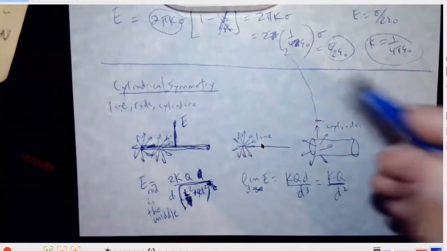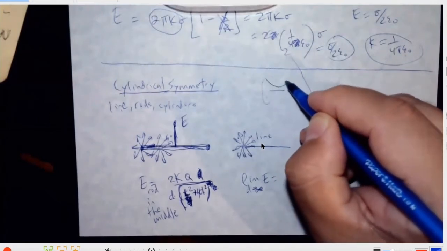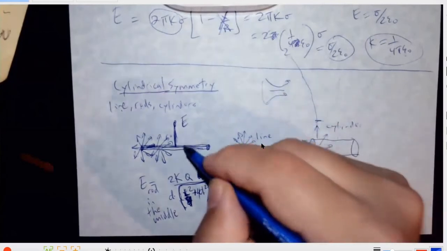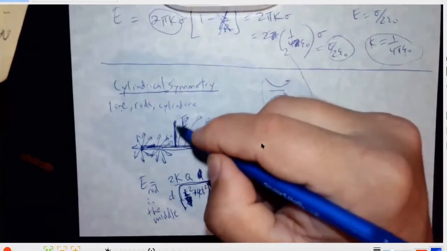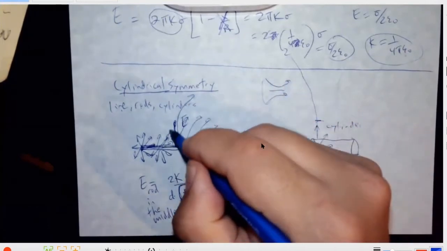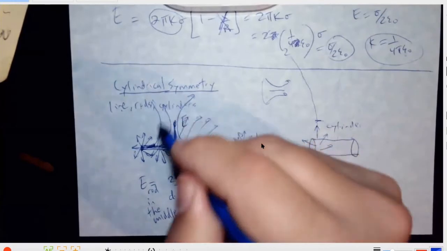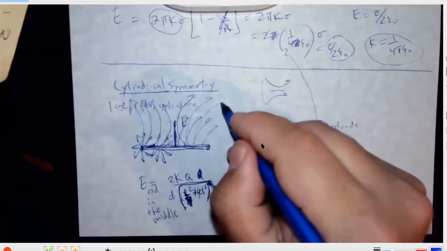But the ring is different. The ring should increase linearly because the field lines come down. Here, the field lines do what? See, they don't do this. They don't do this for a rod. You see that? That's how you make sense of all this.